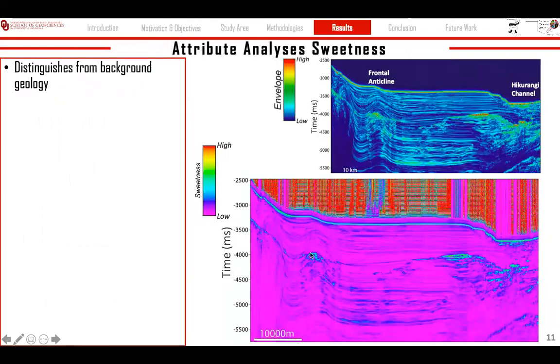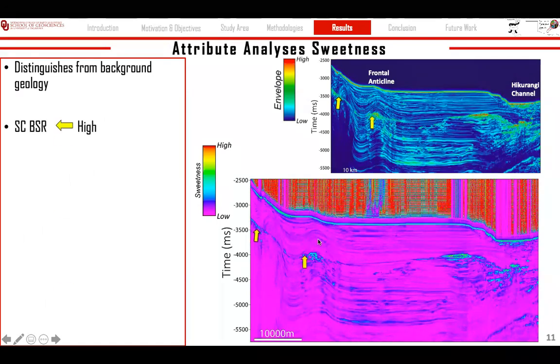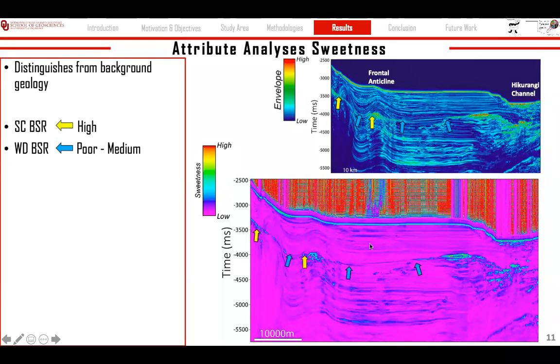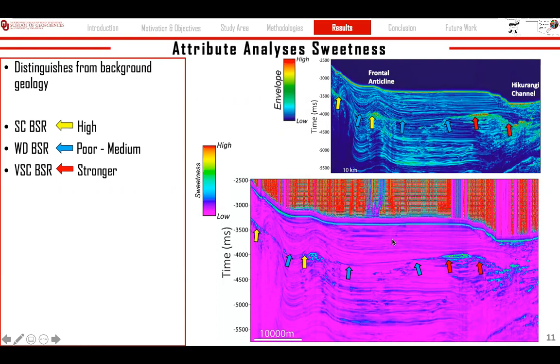However, the sweetness attribute clearly distinguishes the trend of the bottom simulating reflector from that of the background geology, such that the strong continuous BSRs are associated with high sweetness responses. The weak discontinuous BSR has a poor to medium response, but we can still somewhat identify the trend of the bottom simulating reflector.